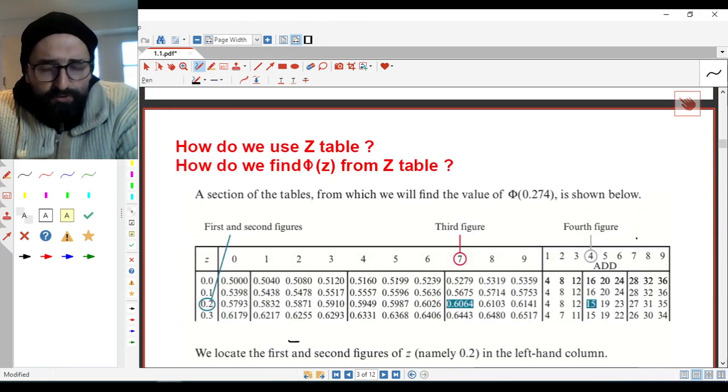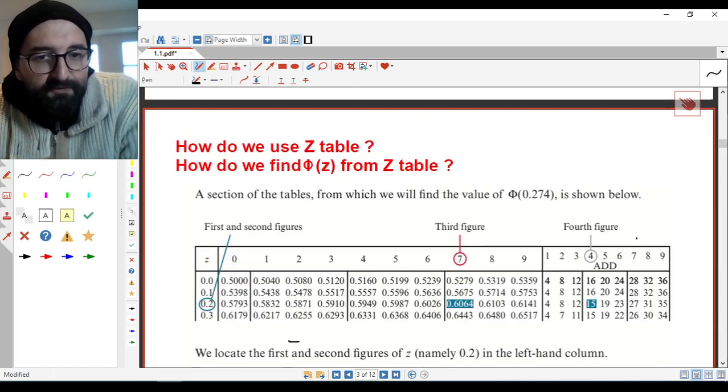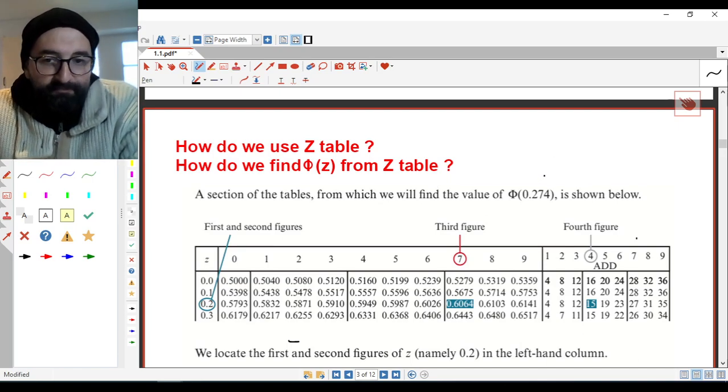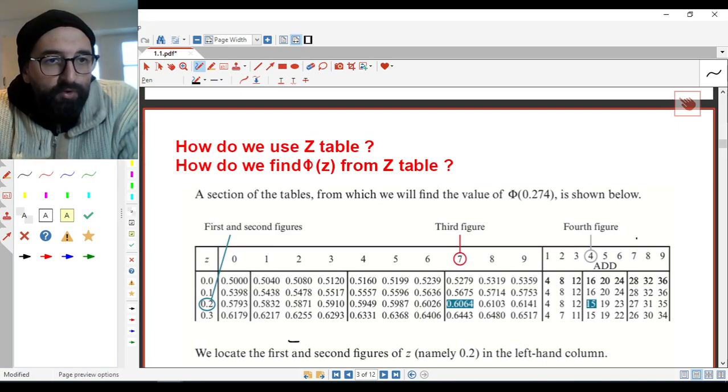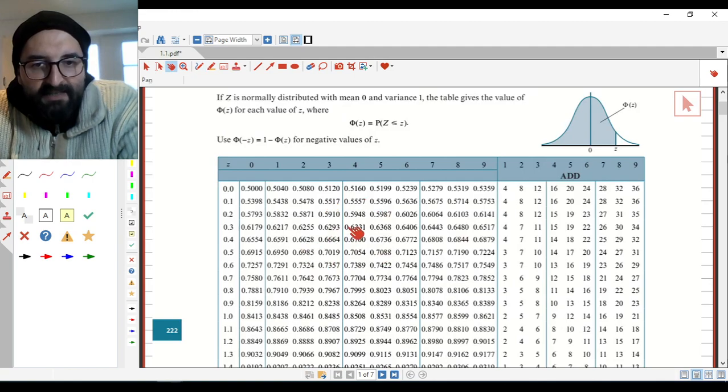How do we use a z table, and how do we find phi(z) from the z table? If you look at the z table, you can see some numbers. What do these numbers mean?